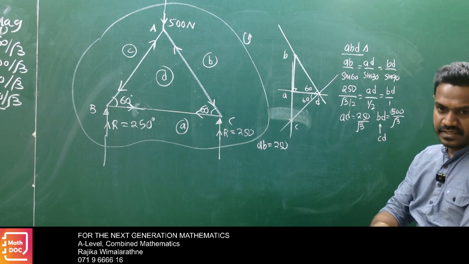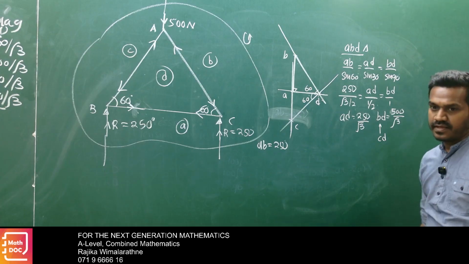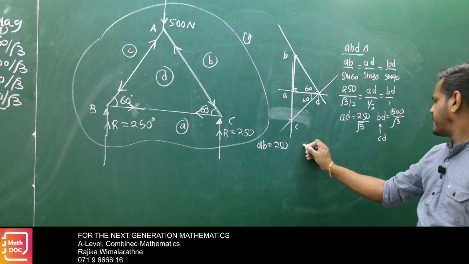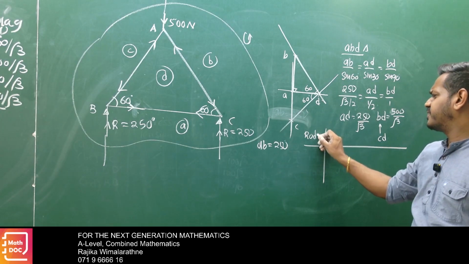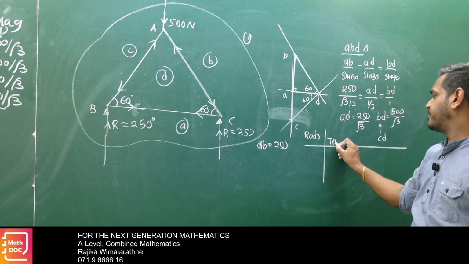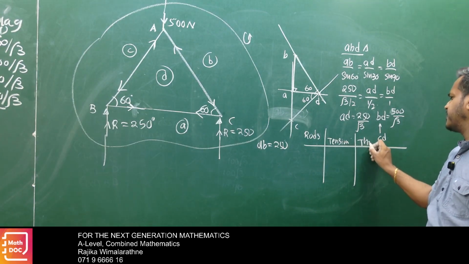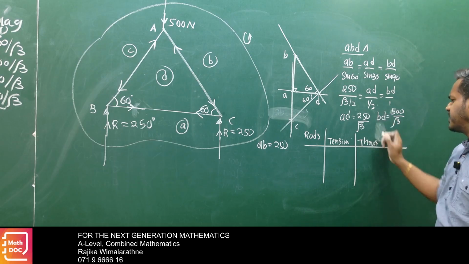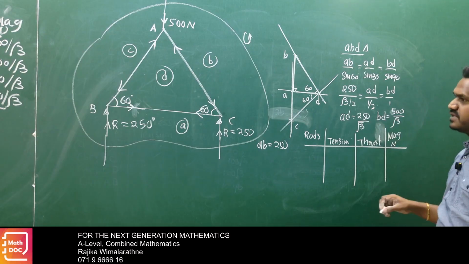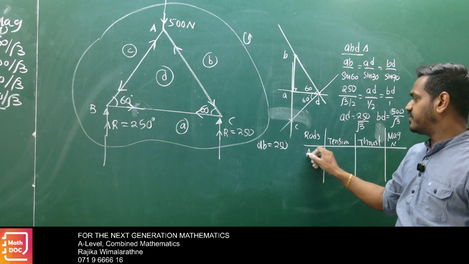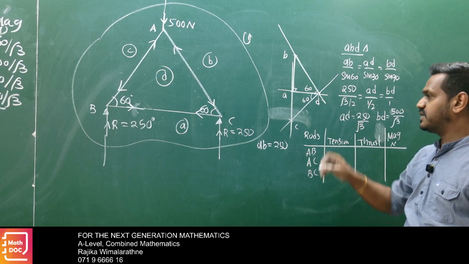Then we can complete the table now. You get the table now. Rod, stresses, tension, truss, magnitude in newtons: AB rod, AC rod and BC rod.